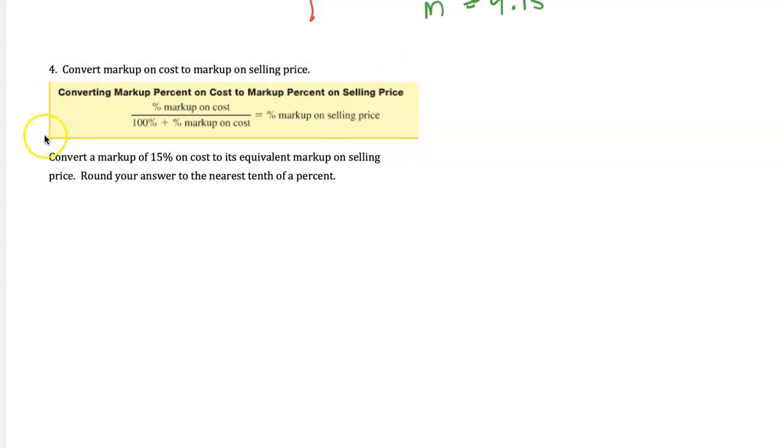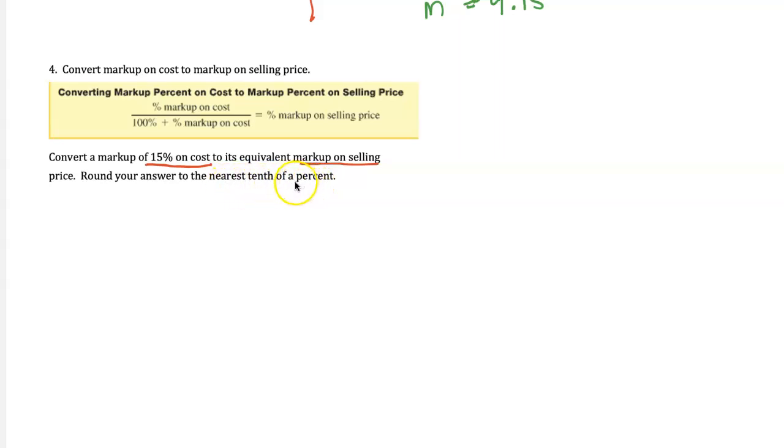And it's just converting back and forth from percent markup on cost to percent markup on selling price, and then the other way around. If we want to convert a markup of 15% on cost to what it would be equivalent to as a markup on selling price, we can use this equation. We're going to round our final percent answer to the 1/10 of a percent.